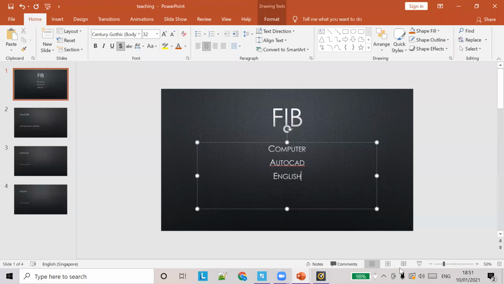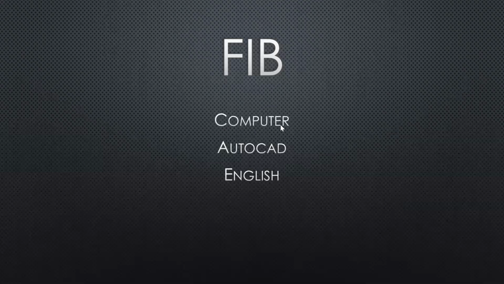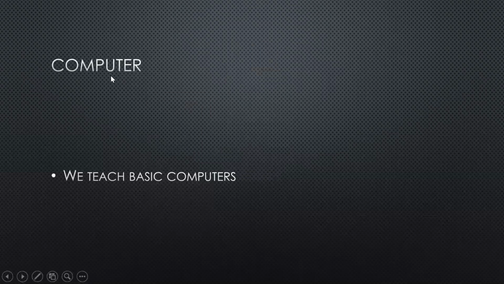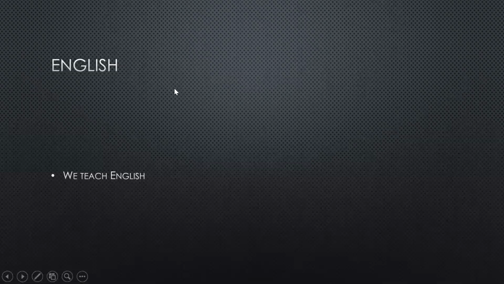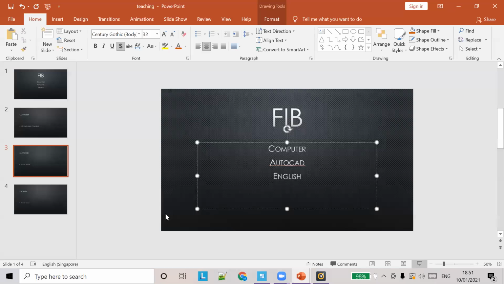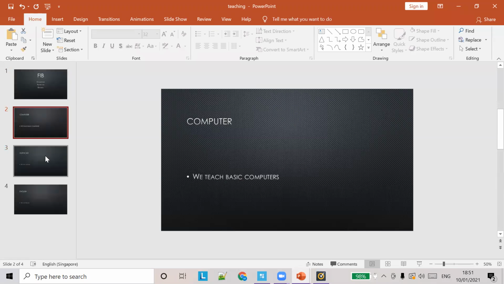So if you run the slide now, it runs sequentially. First it goes to the second slide, then the third slide, then the fourth slide. But I don't want to do this. I want to go to the English slide directly, instead of moving through each of these slides in a sequential manner.